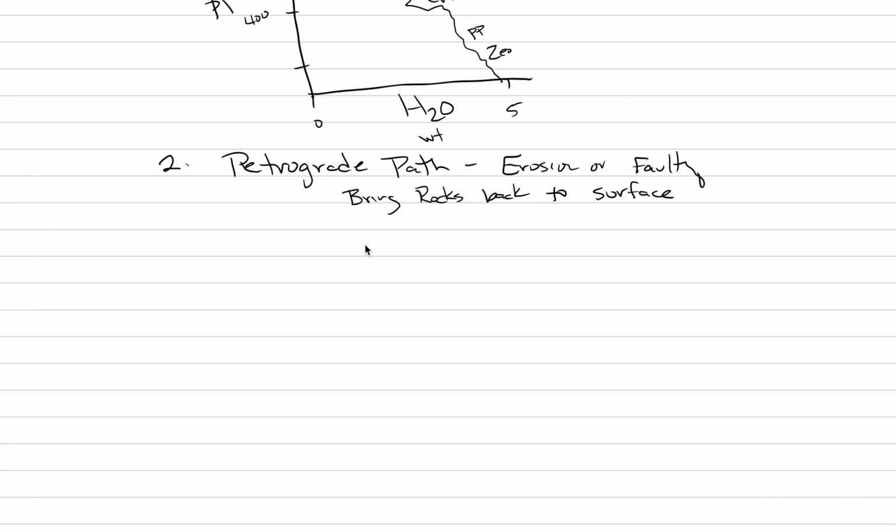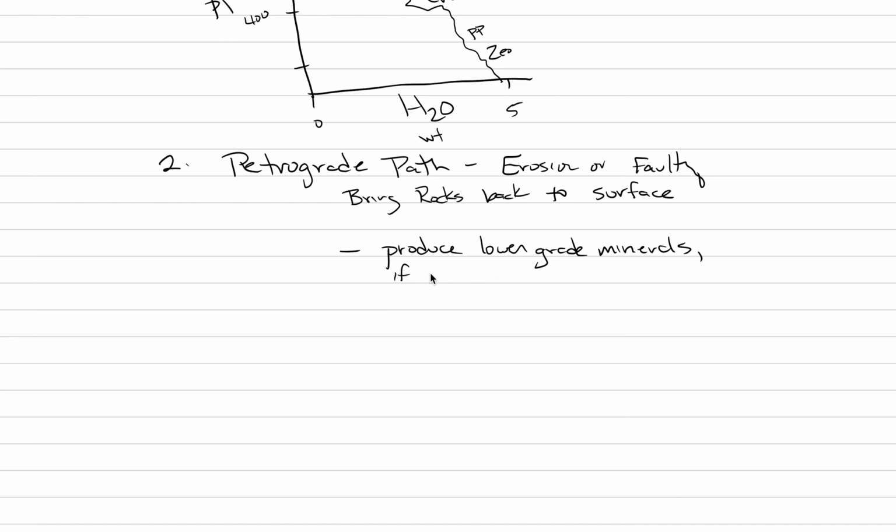So let's do another concept here with retrograde. We are going to produce lower grade minerals, but only when possible. Because what ends up happening is that there is sometimes, we'll say, a kinetic limit.